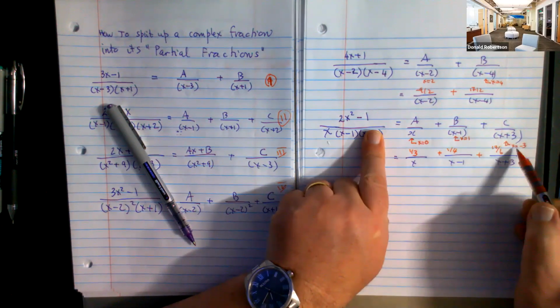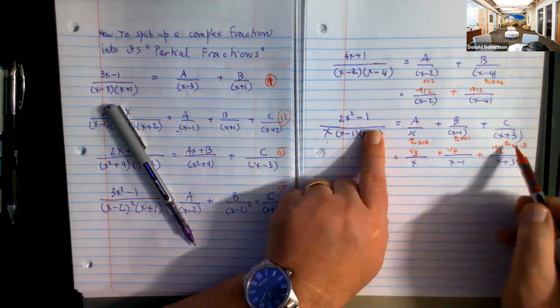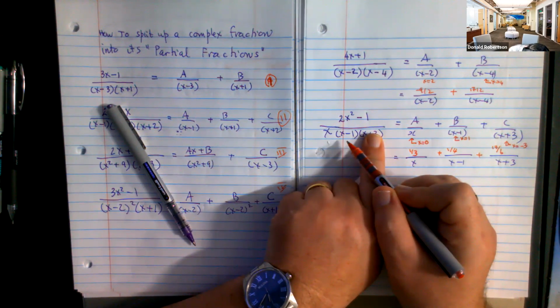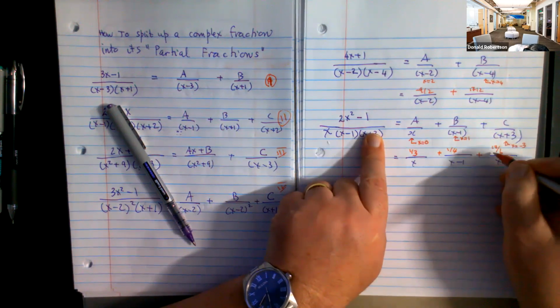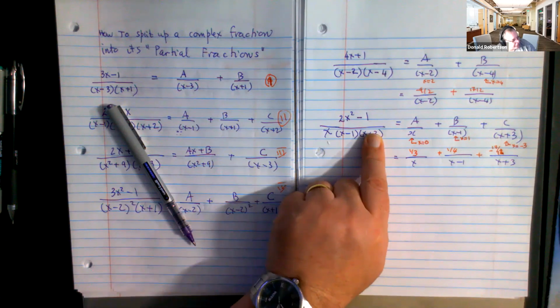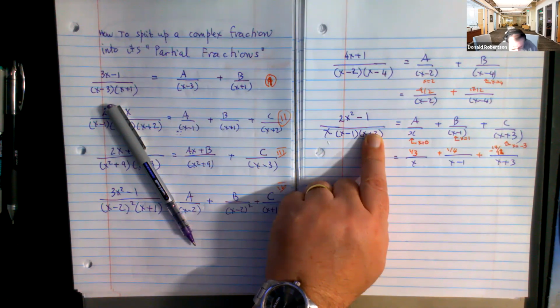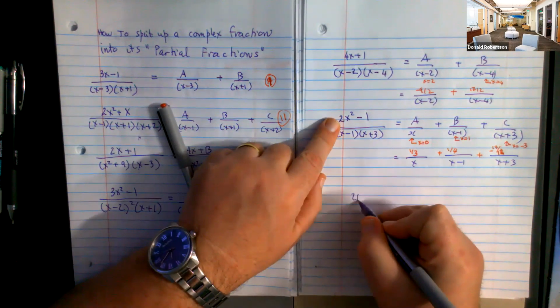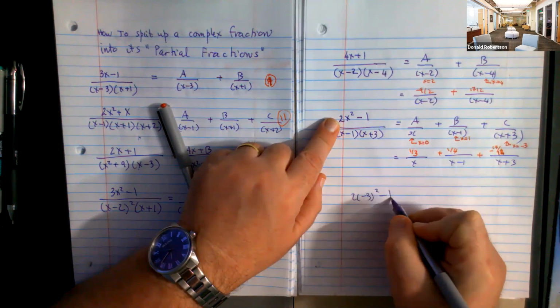Plug in negative 3. I'm happy about the top. Negative 3 times negative 4 is negative 12. Right, I get 17 twelfths. Does that look better? Two lots of negative 3 squared, take away 1.